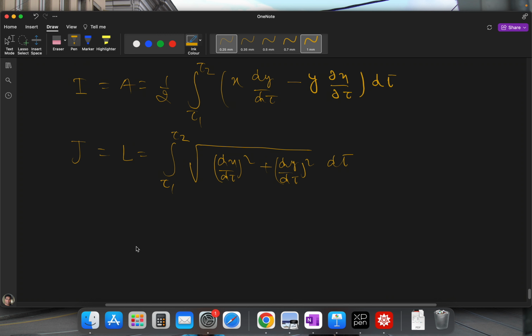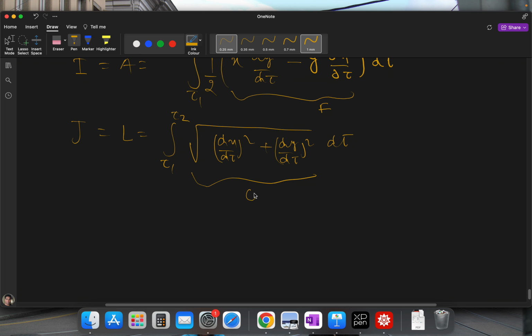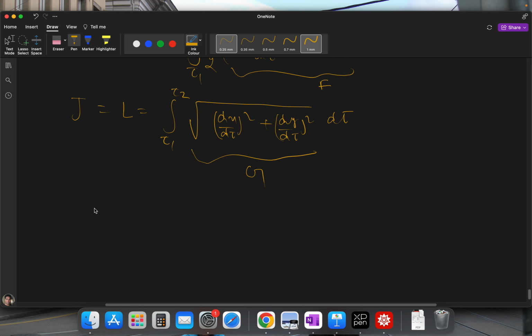So here what is f? This one is f, including this 1 by 2, and this one is g. So what is f star? f star will be f plus lambda g.